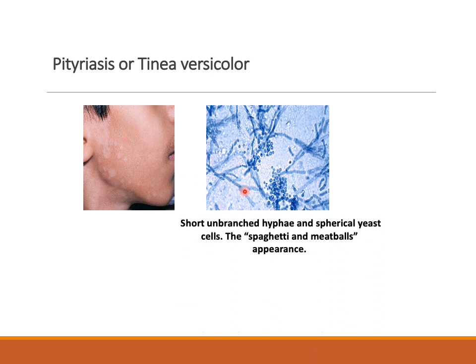Short and branched hyphae, and then the spherical yeast cells. They are oftentimes described as having a spaghetti and meatball appearance. These are the descriptive terms that we use for the microscopic appearance. It's very typical of pityriasis or tinea versicolor. What is the etiologic agent again? Malassezia furfur.